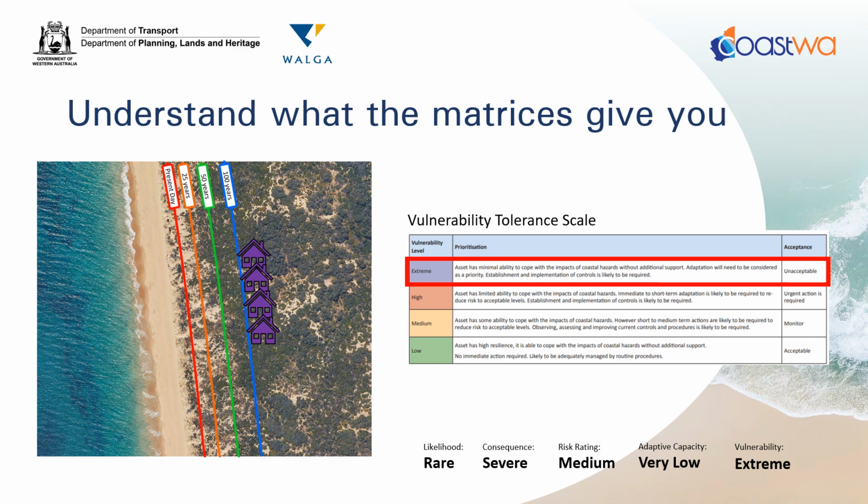Otherwise the ratings are too high, and as in this case, suggest there are extreme risks where there probably isn't a risk, and therefore you're not going to be spending your resources looking at the correct items. You want to make sure that you're assessing this risk properly, rating everything properly, so that you can focus your energies on the areas that are actually more significant and at a high level of vulnerability.